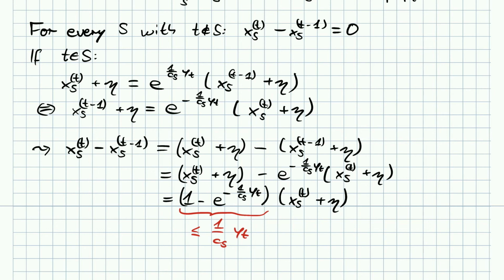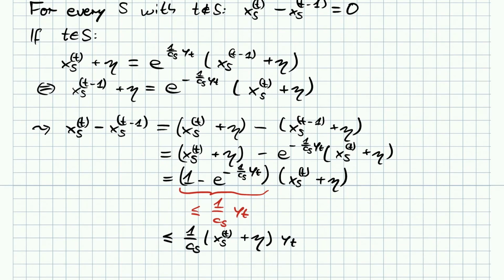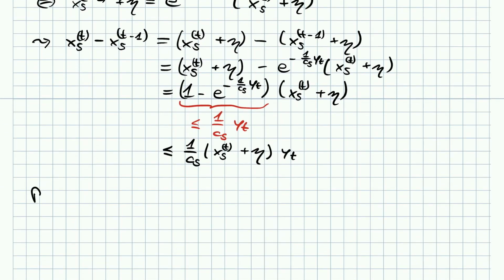So, where are we getting with this? We can see that we have that the increase of x as t is at most its value afterwards plus eta times yt. So, the primal increase is how much? This is pt minus 1.